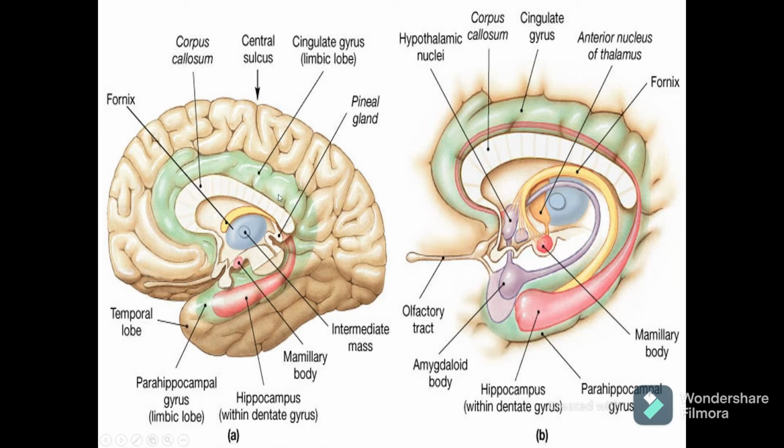Here you can see this is the medial aspect of the cerebral hemisphere. This is the cingulate gyrus. Then here you'll find the mammillary body. This structure is the hippocampus. This is the parahippocampal gyrus.